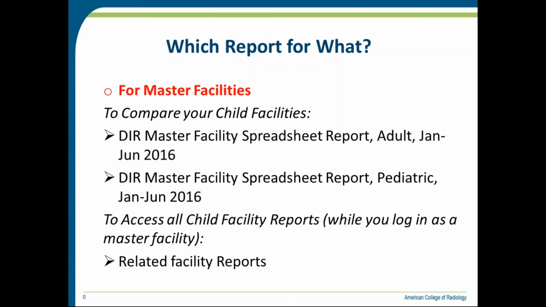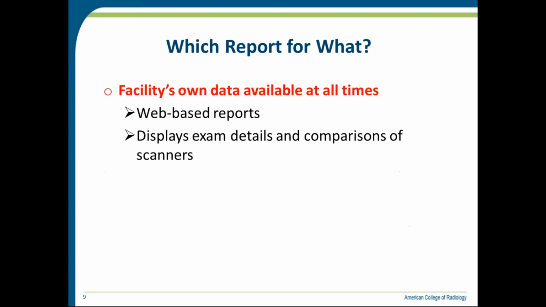Those reports are identical to all of your child facility PDF reports, but we upload them under the master facility as related facility reports so that you don't need to log in as different child facilities to access those reports. So essentially, if you are a master facility with 60 different child facilities, you do not need to log in 60 different times to access those reports. You can log in once and see all of your child facility reports in one place.